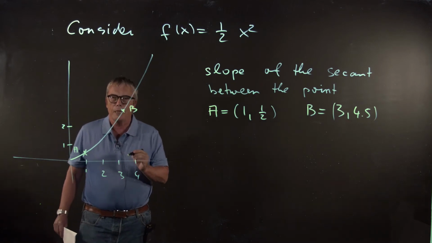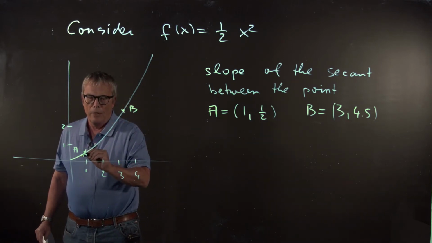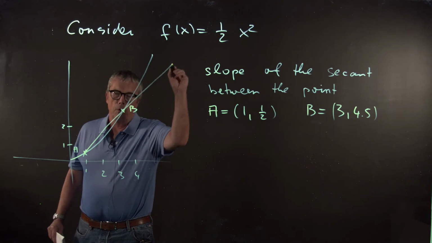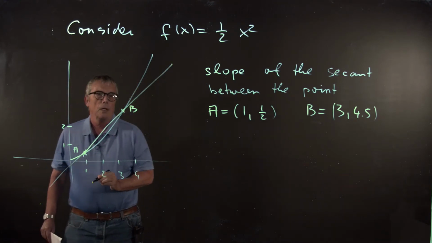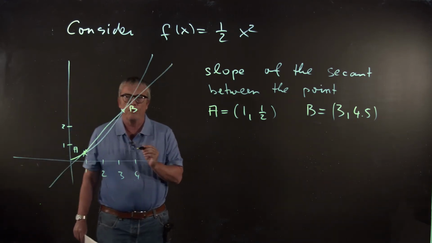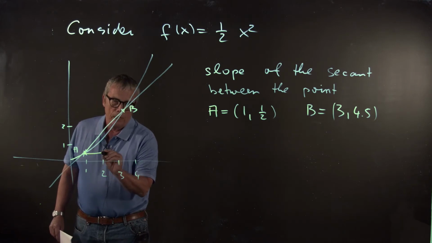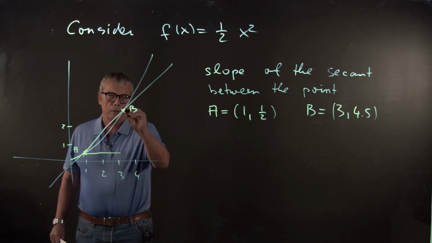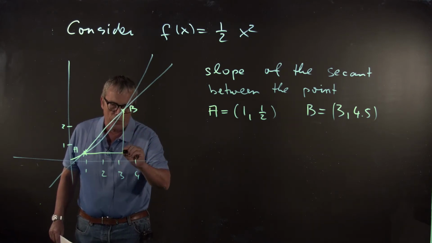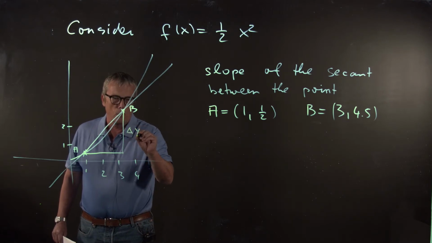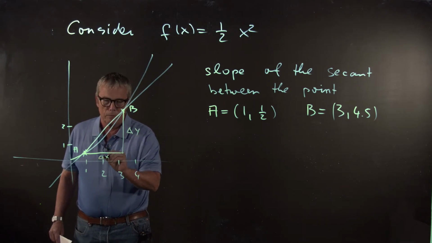And what is the secant? The secant is the line which goes through these two points. And we want to have the slope of the secant, and this is always the change of the y divided by the change of the x. So this is the delta y, and this is the delta x.